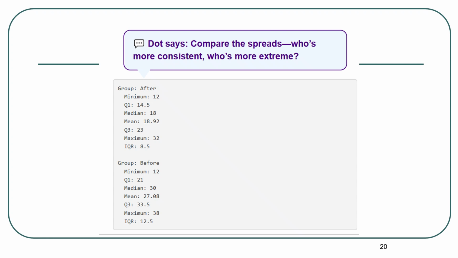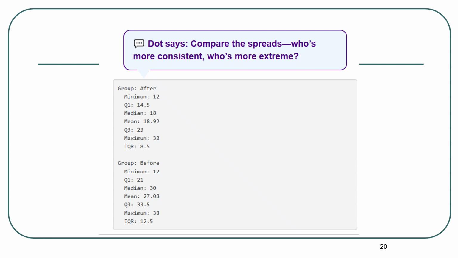So, and here are, as I said, the data values for my two groups. Minimum value for the after was 12, while the highest one was 32, while for the before, the minimum value was 12 and the highest value was 38. So this is what we had on our previous slide.